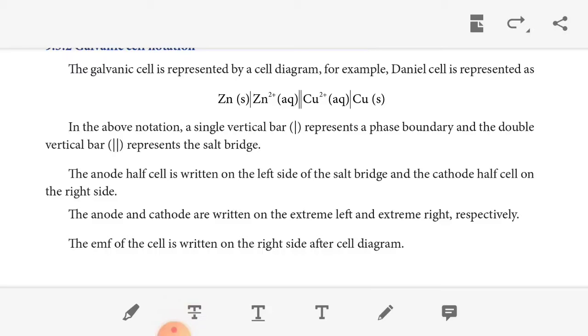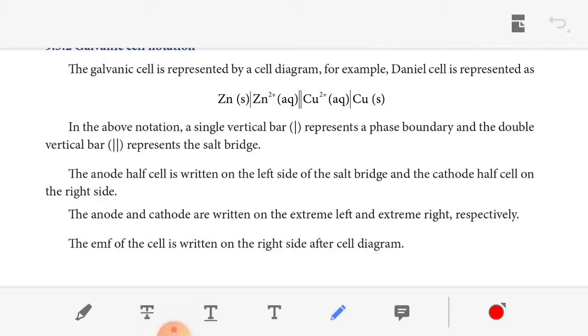For example, the Daniel cell is represented as Zn | Zn2+ || Cu2+ | Cu. In the above notation, the single vertical bar represents a phase boundary. The double vertical line is the salt bridge. The anode of the cell is written on the left side of the salt bridge, and the cathode is written on the right side.